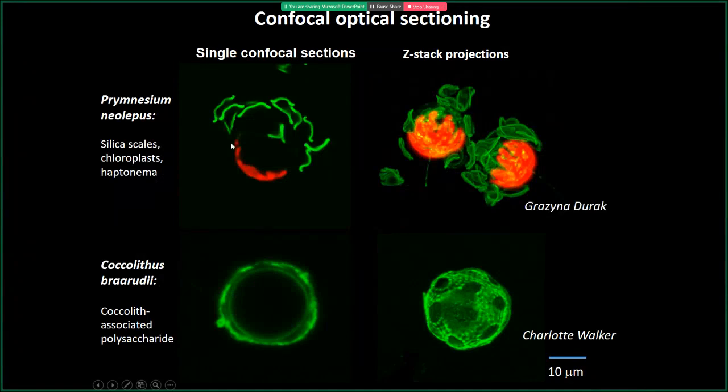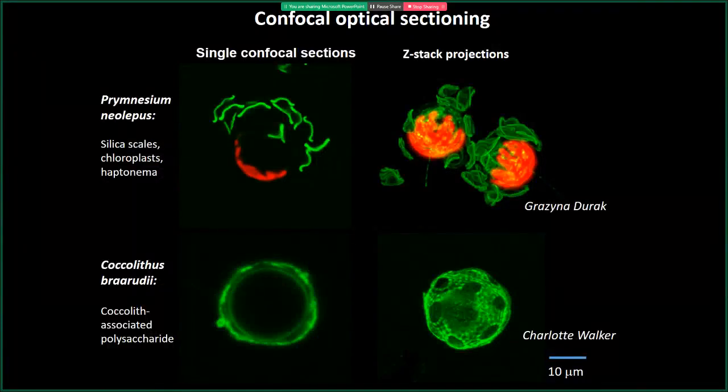And the red fluorescence at the bottom of the cell is the chlorophyll in the chloroplast. So on the left we have a representative single confocal section through a single cell. But we can also take what we call a Z-stack, which is a series of sections vertically through the whole cell.